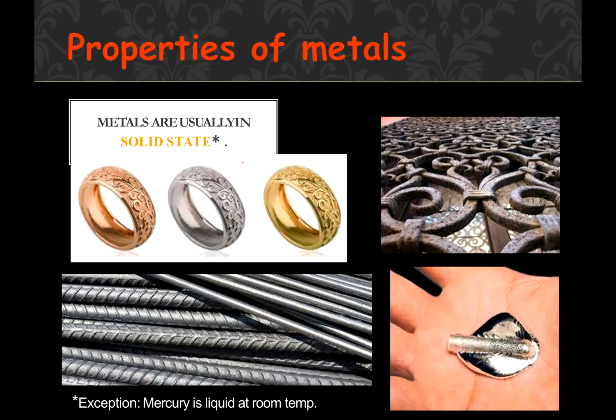These are all metals which are in solid state. But yes, there is an exception, mercury, which is a metal but it is liquid at room temperature. You can see mercury which is used in thermometers. So it's the only liquid metal at room temperature.